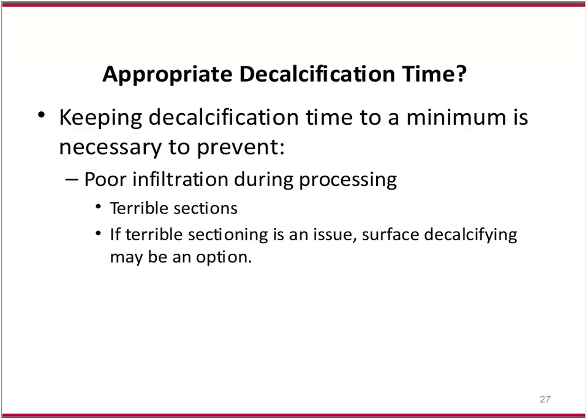So how do you surface decal? Well, I don't know how you do it, but when we do it, we put a little bit of ammonium hydroxide in the top or bottom of a Petri dish, and then we let it sit, not long.